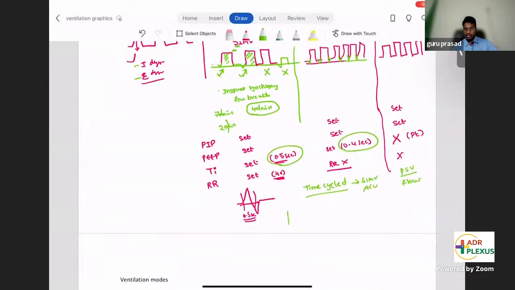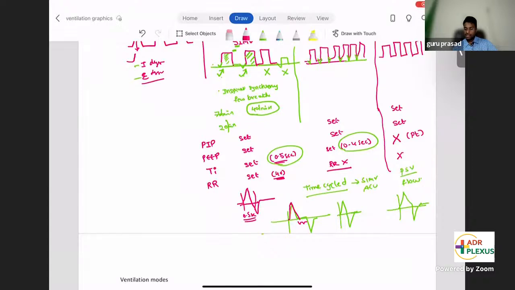So in time cycle ventilation, especially when you have a graph like this, you see there is a slight difference between these three graphs. Here, the flow has reached maximum and flow has ended, but the patient cannot exhale at this moment because the TI is still left.